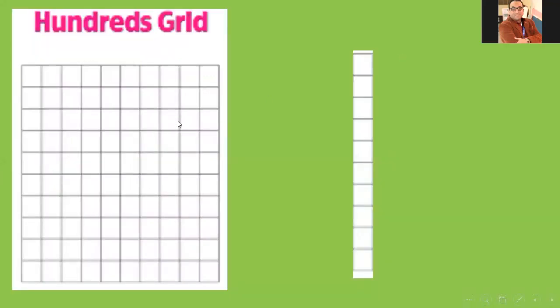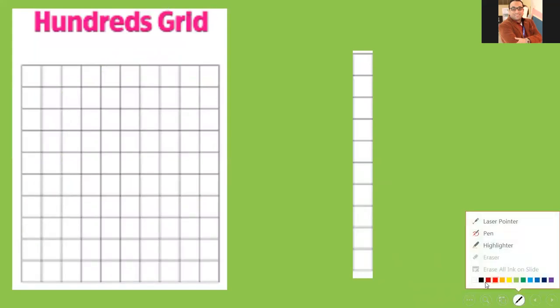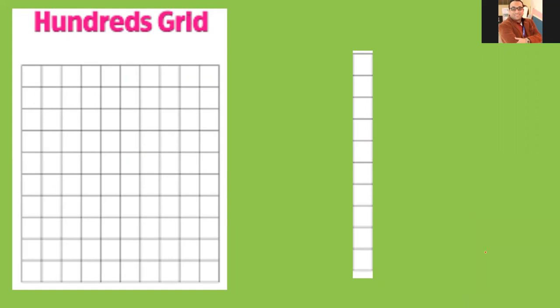Here is the model in front of you. The first picture here is called the hundredths grid. Why do we call this picture a hundredths grid? Because when we count the small squares, we find that it has 100 squares.